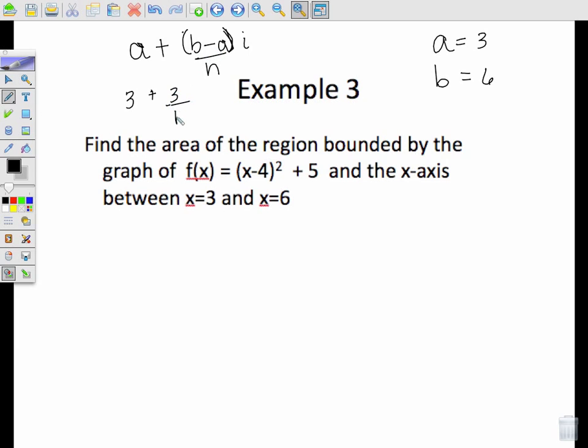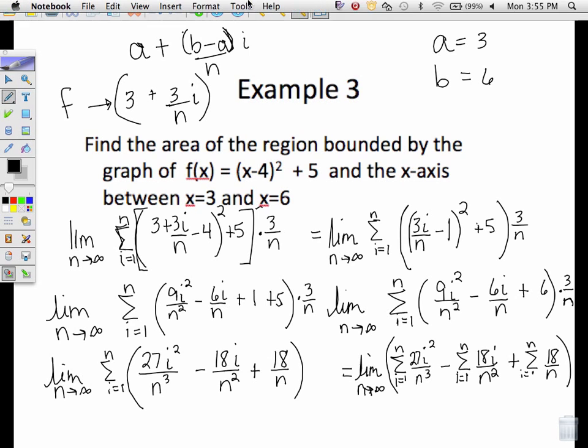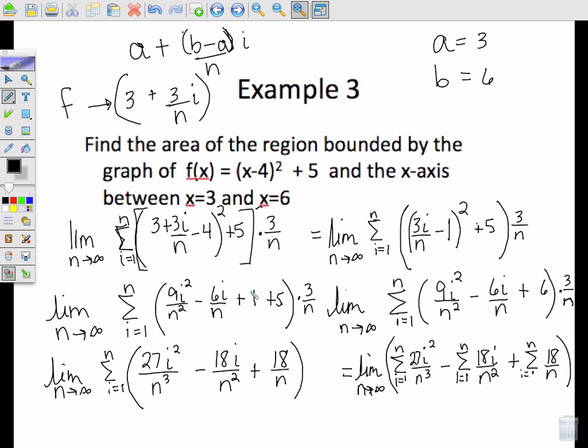So you've got 3 plus 6 minus 3, so that's 3 over n times i. This is what you're going to substitute, f of that, into your function. So I want to have you go through that process and see if you can find that limit, and then I'll list your final answer.